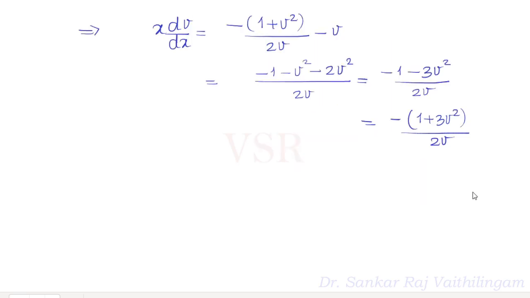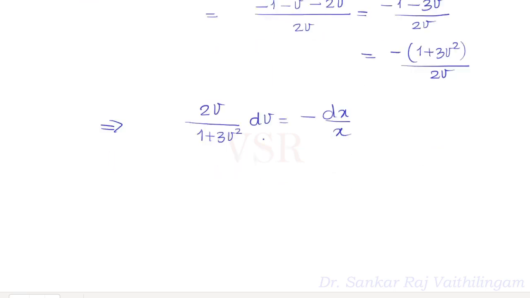இப்போ cross multiply பண்ணிக்கலாம். So this implies that 2v divided by (1 plus 3v square) into dv is equal to minus dx by x. கரெக்டா? அப்போ இதை differentiate பண்ணா எனக்கு என்ன கிடைக்கும்? What is the derivative of this? 6v கிடைக்கும். எனக்கு இங்க 2v தான் கிடைச்சிருக்கு. அப்போ you multiply by 3 and divide by 3.